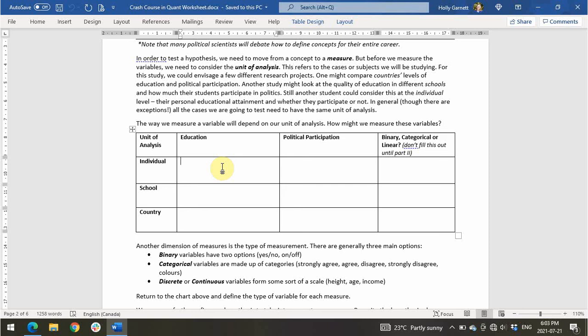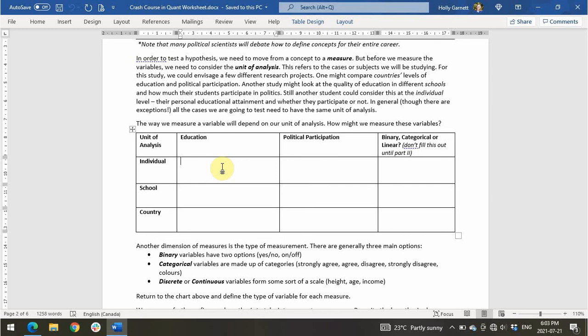That would stem from a concept of education that rests on formal studies. If we were going with a competence-based concept of education, maybe we would do some sort of test to see their competence in a certain field. But we would be doing this at the individual level.